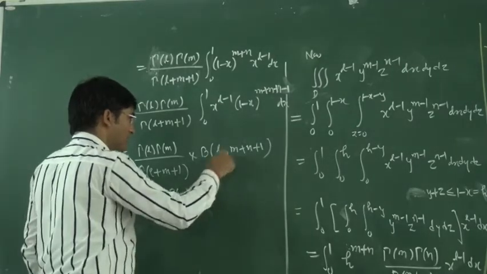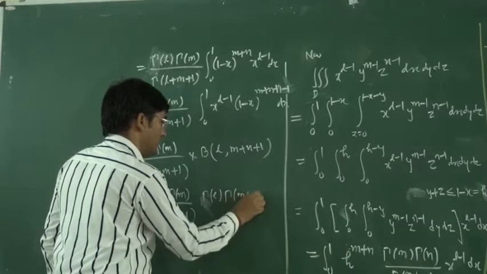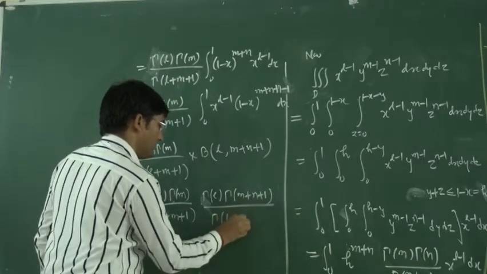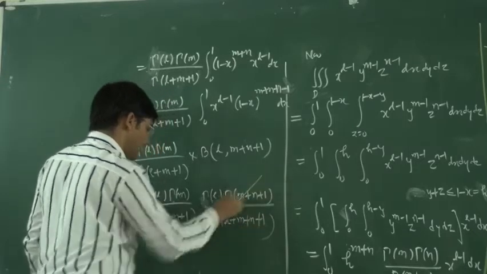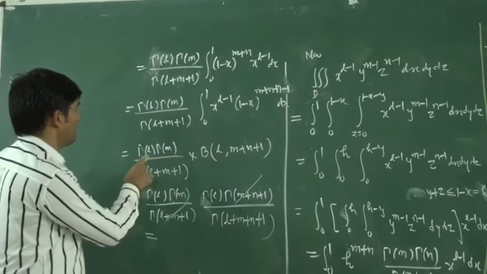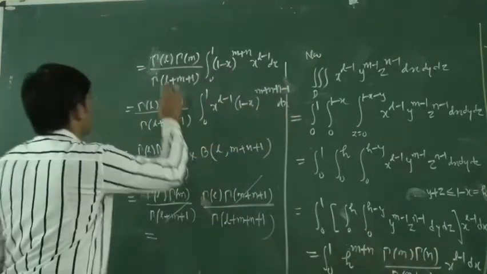The value of beta gamma m into gamma n is equal to gamma l into gamma n plus 1 divided by gamma l plus n plus n plus 1. Now this term is cancelled. So this is equal to, here we have a mistake, this was your gamma m into gamma n. So here we have gamma n.